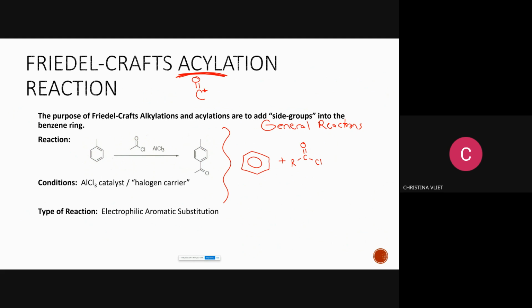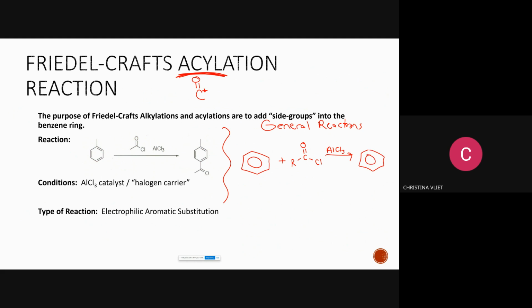And then what is your catalyst here? The very same catalyst for all of the electrophilic substitutions. So what would that be? AlCl3, right? Or FeCl3, one of those two. So you need that catalyst because the mechanism is going to be exactly the same. And then how would it add for the general? You would get this.